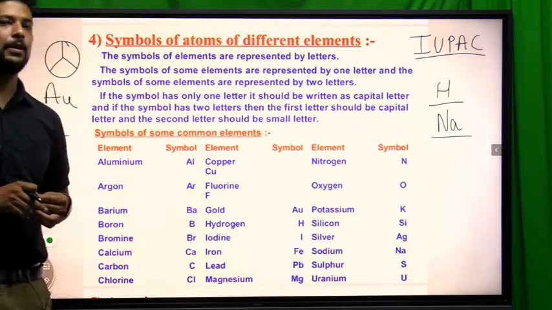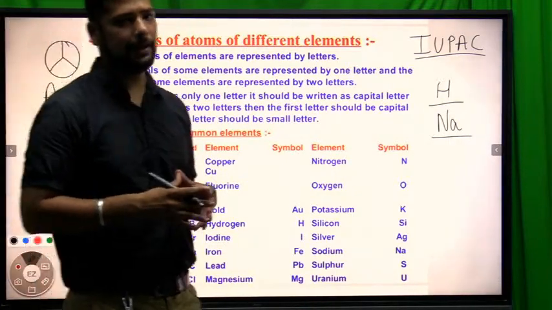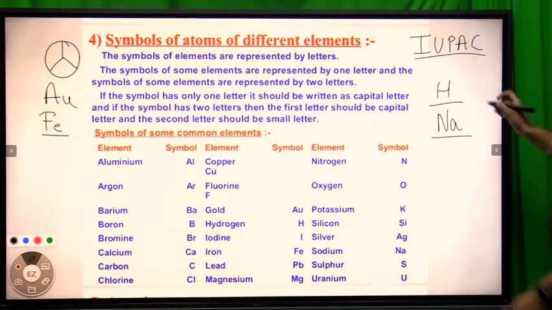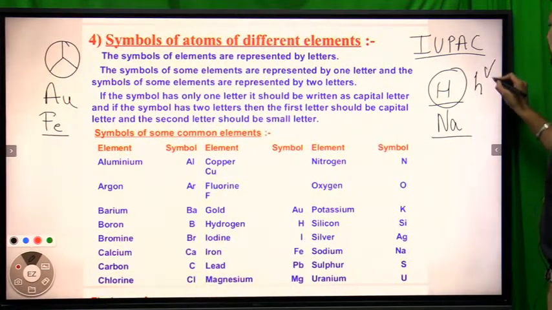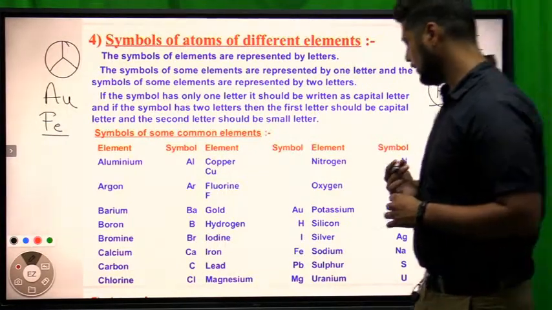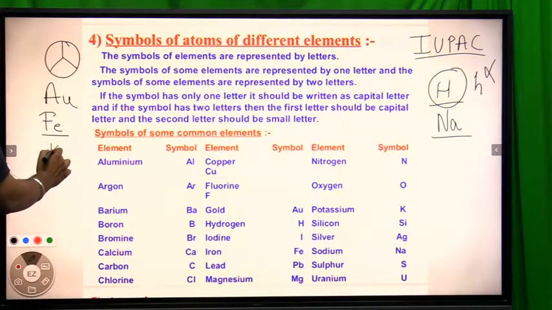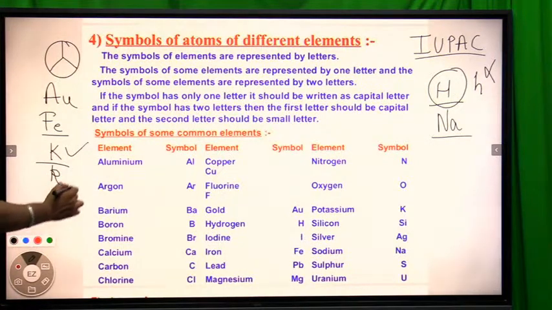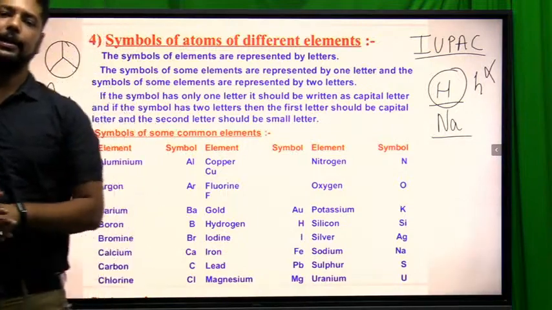Suppose I am writing hydrogen, I should write capital H. If I write small h, it is wrong. In the same way, the symbol for potassium is K. Written like this it is correct; written as small k, it is wrong. So this is our first rule of writing the symbols of any atom.